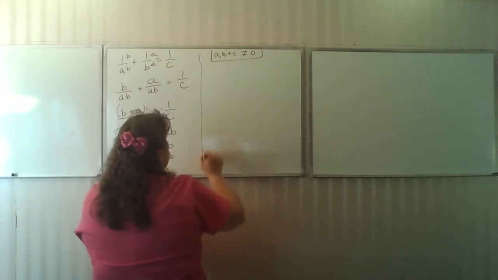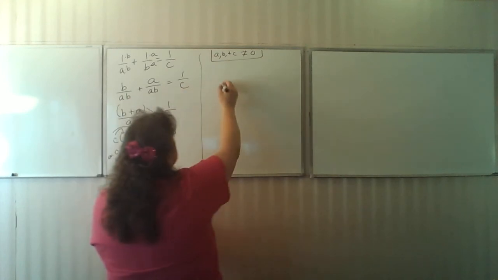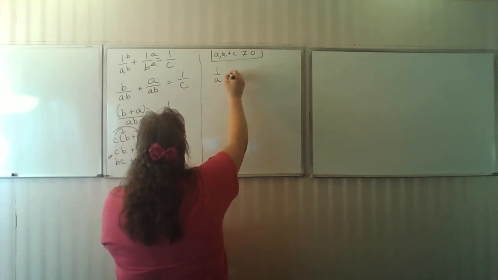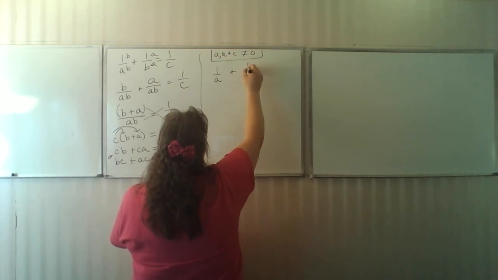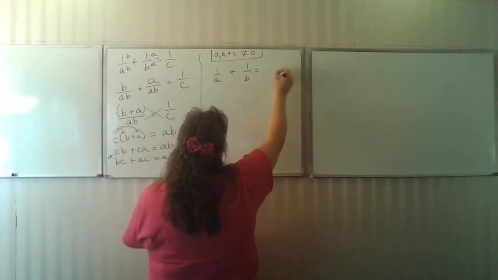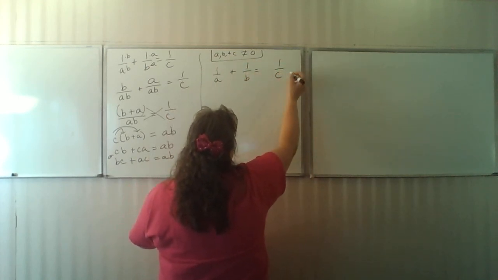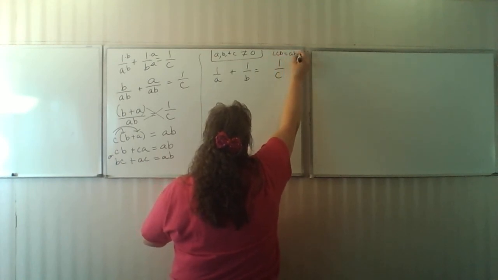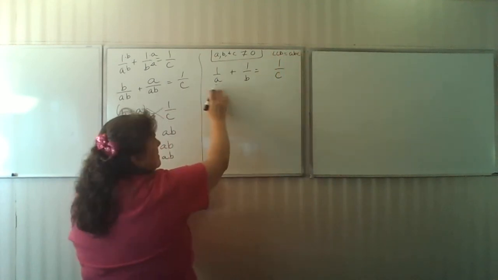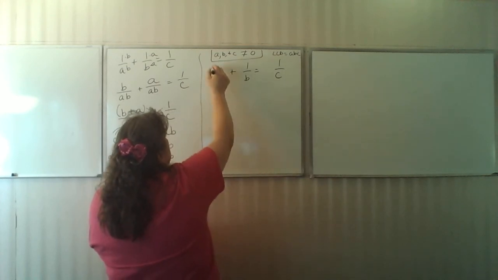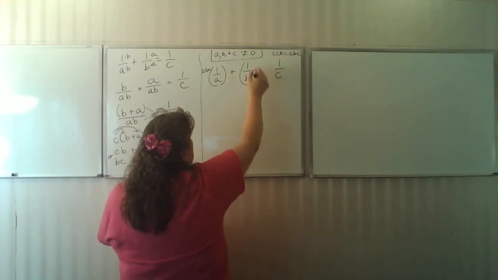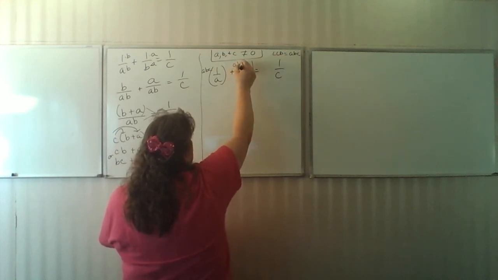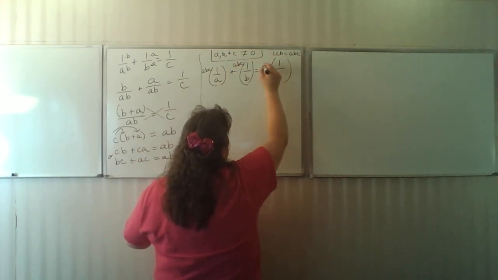And the other way to do this is to multiply every term by the common denominator. And my common denominator, my LCD, is equal to A times B times C, because none of them are the same. So this would be times ABC, this one is times ABC, and this one is times ABC.